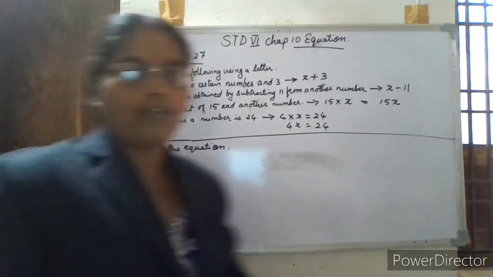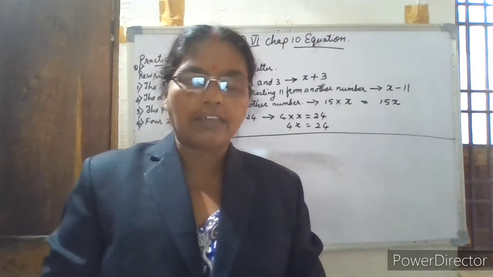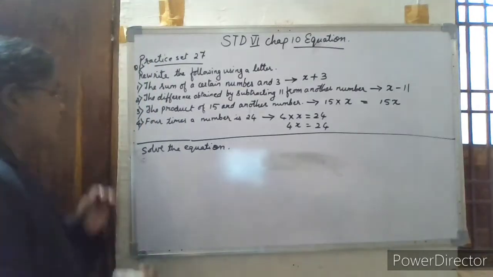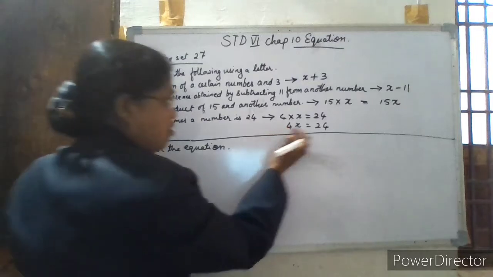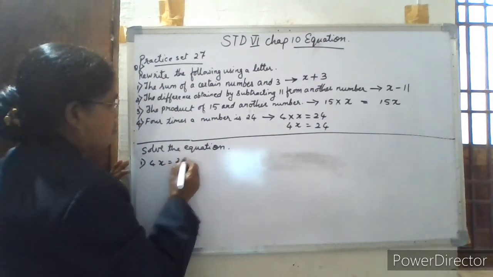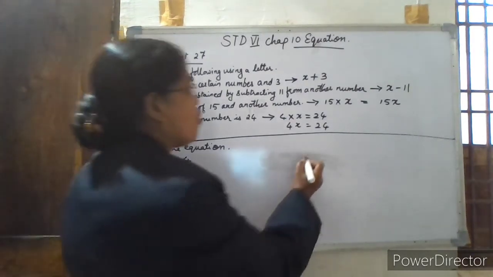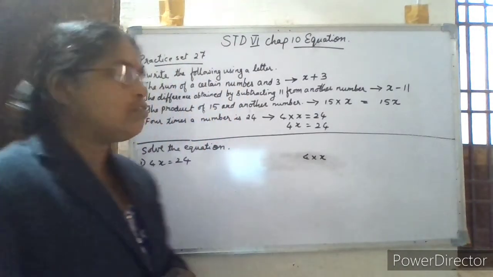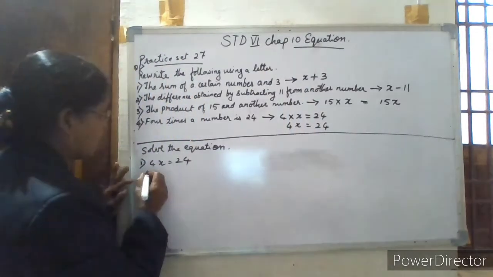In the previous video you learnt how to solve equations with plus and minus signs. Now, when a multiplication sign is there, how do we solve it? Take 4x is equal to 24. 4x means 4 multiplied by x. The opposite of multiplication is division, so we divide both the sides by 4.